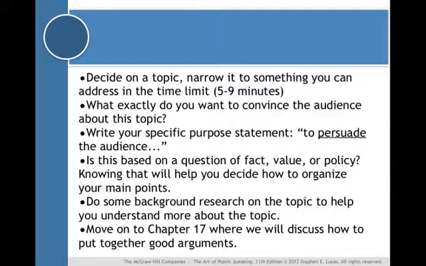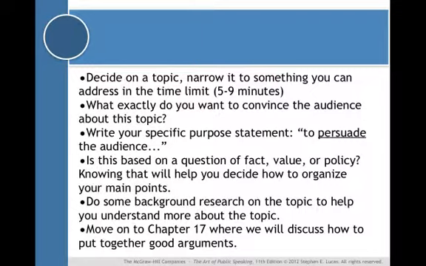And of course, you need to know exactly what it is you're arguing about. That's going to give rise to your specific purpose statement, which in a persuasive speech begins with the words to persuade the audience, not to inform the audience, because we've moved on to persuasion. You also need to know if your speech is based on a question of fact, value, or policy, because knowing that is going to help you decide how to organize your main points. Remember that questions of fact and value, generally speaking, are organized topically.